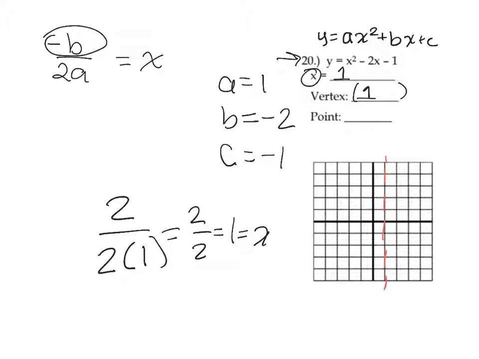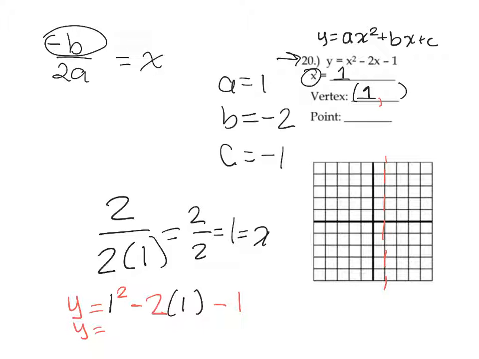Then I'm going to find the second point, the y coordinate in the vertex, by putting in a 1 for any value of x in my original equation. So I have y equals 1 squared minus 2 times 1 minus 1.